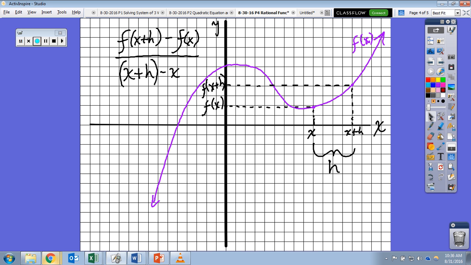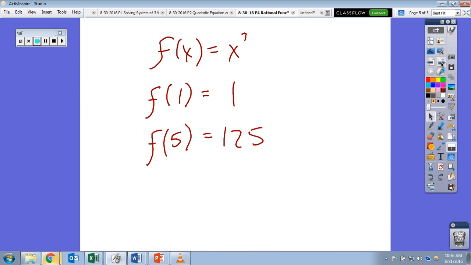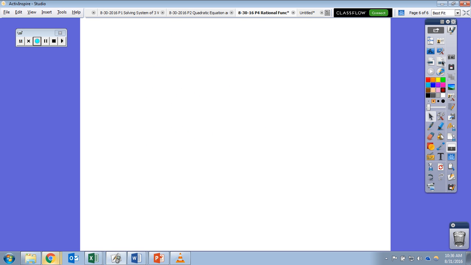So then let's write the definition of the derivative. What color? Black? No. Brown. Why? Do I have a problem with brown?